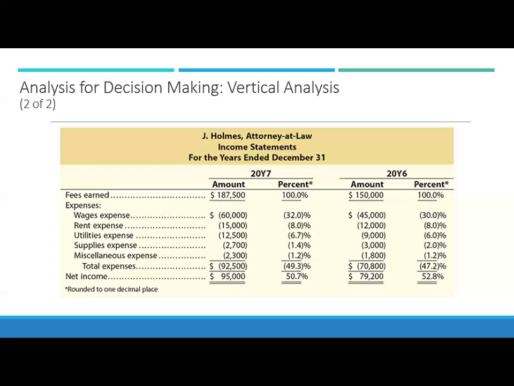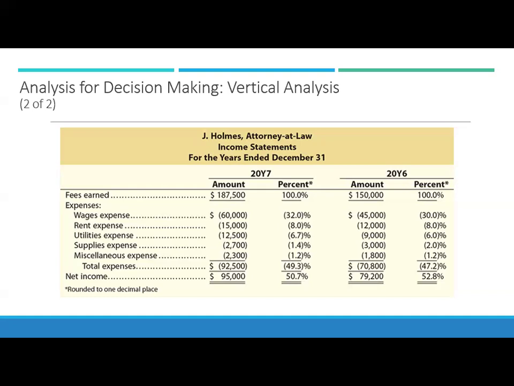And so net income also increased, but margins actually decreased. And so the profit margin in this scenario would be 52.8% in year one, 50.7% in year two. And so the CEO or the CFO or whatever might look at this and say, okay, we increased our revenue by $37,000.